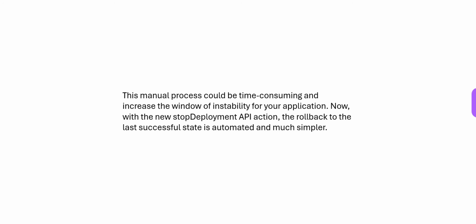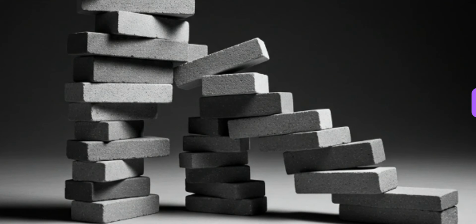The manual process is time consuming. There is a window of instability in your application when this rollback happens. So instability is something which, as an architect, you should never bring in your applications.